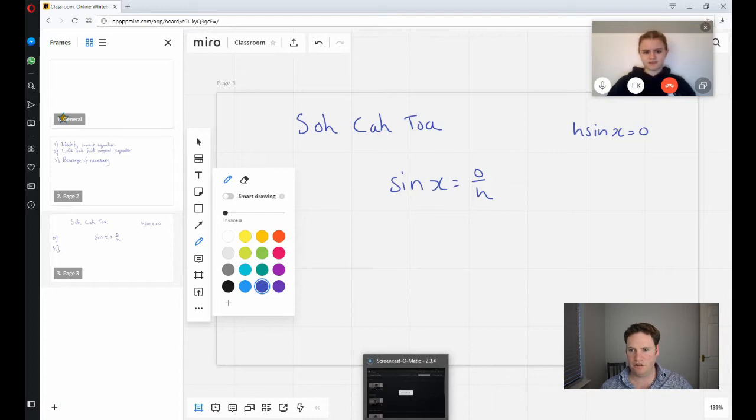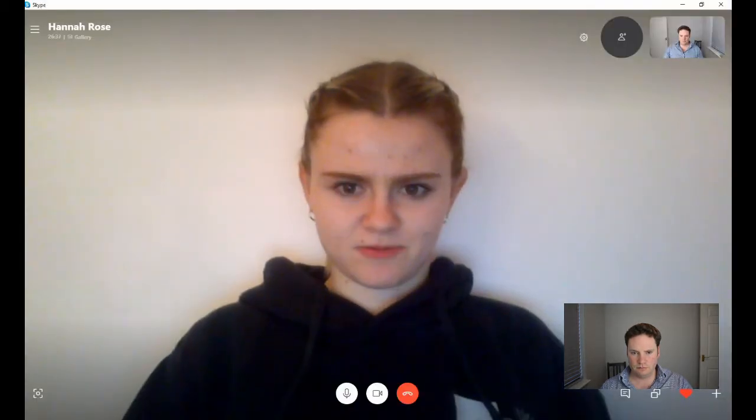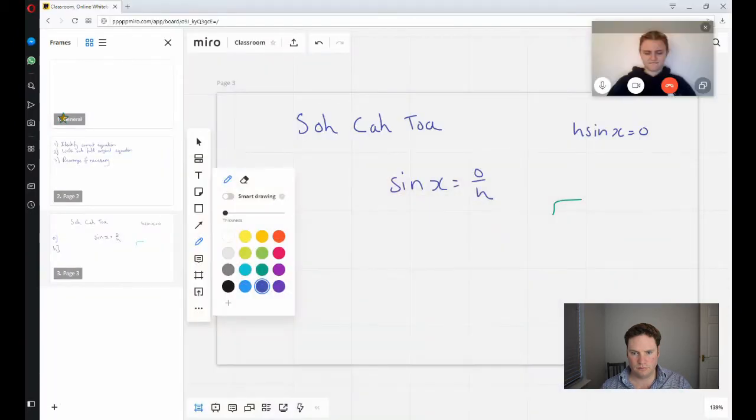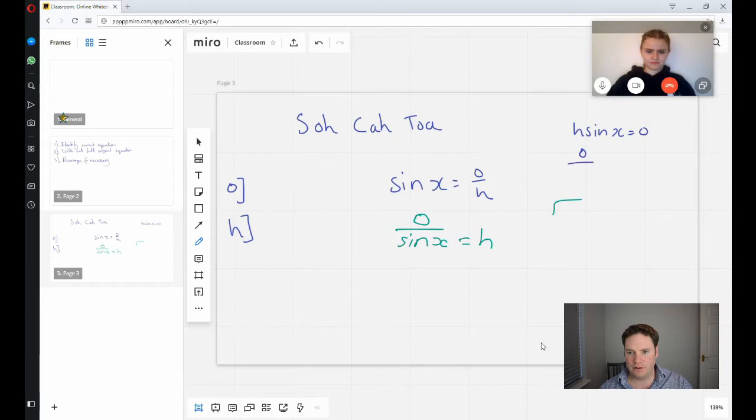As in, put it on the other side on the top. Yeah. I'm not really sure how to write that as a thing, but there you go. There's no way of really writing that. So you just left a blank instruction as if to say, you get it. Okay, so our second one is opposite over sine x equals h.